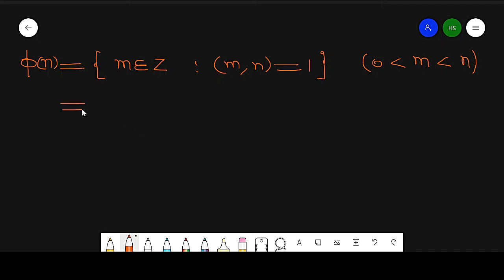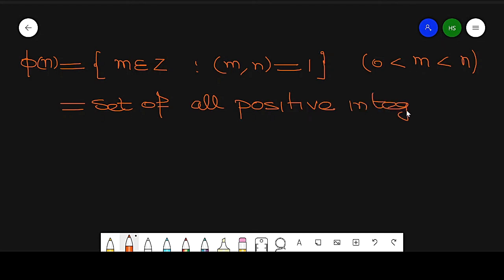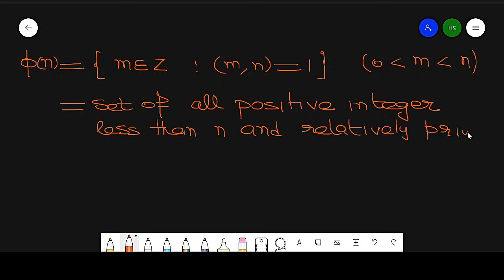This is also said to be the set of all positive integers which are less than n and relatively prime to n.